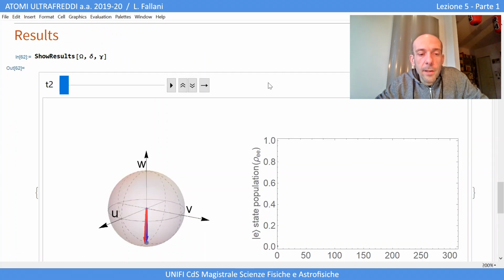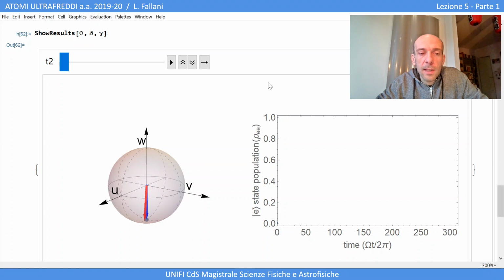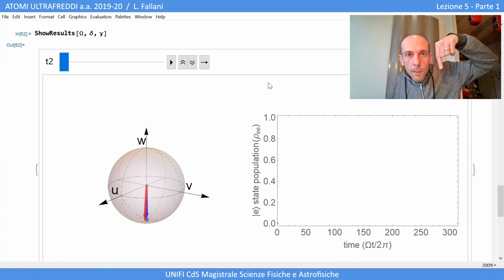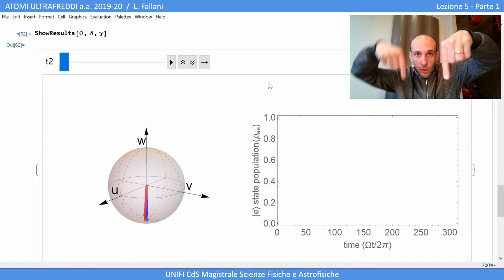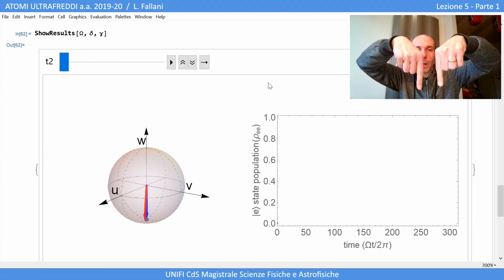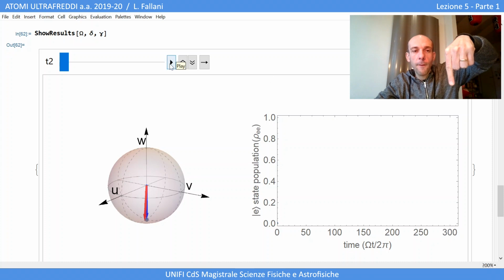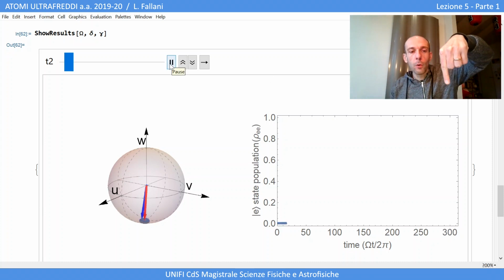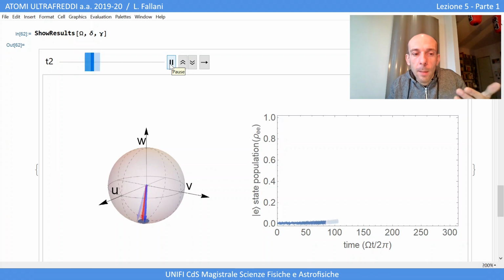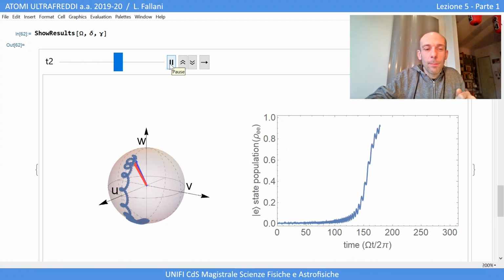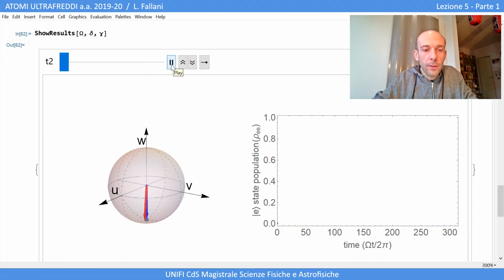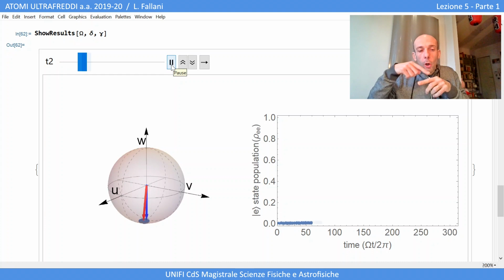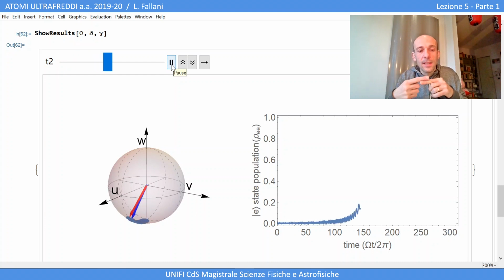As you can see here, at the beginning the atom is in the G state, so the blue vector is pointing at the south pole, but also the Rabi vector, the red vector, is pointing at the south pole. At the beginning you have a very tiny precession of the blue vector around the red vector, but then as time changes, it's the Bloch vector that precesses along the changing direction of the Rabi vector, always forming a very small angle, so the process is adiabatic.